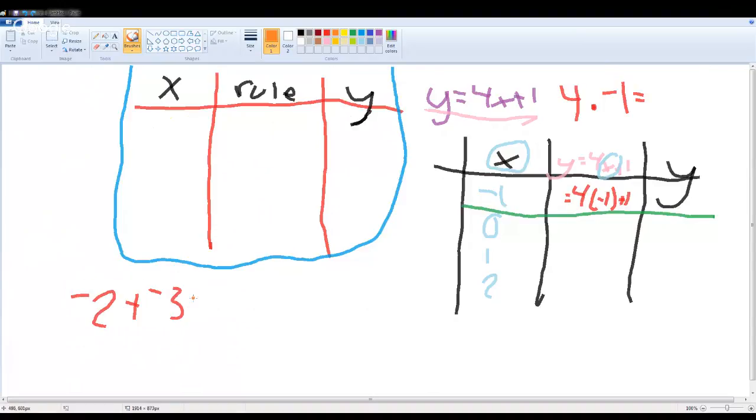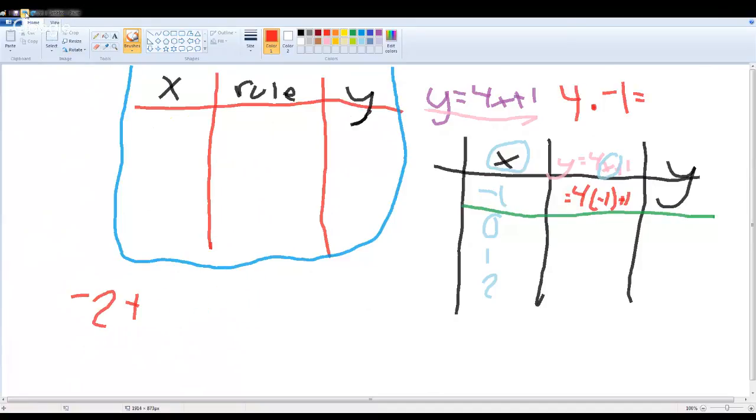So same signs, add and keep. So 5, and keep the sign, which is negative. And there's your answer.